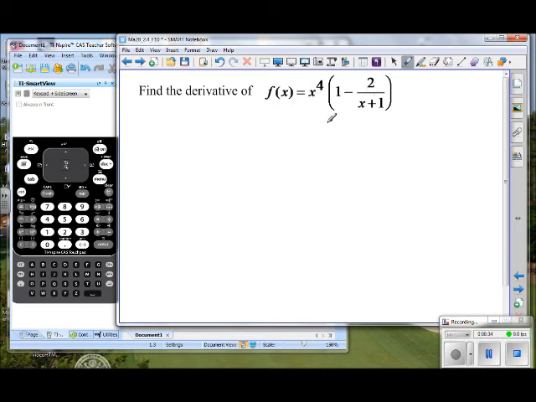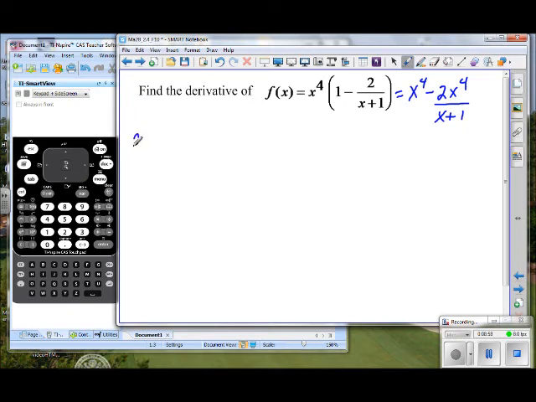That might simplify our work a little bit. We're still going to end up though with a quotient, but at least we'll eliminate having the product as well. So look to see what algebra you can take care of before starting the problem. It may help you to avoid using one of our product rule or quotient rule.